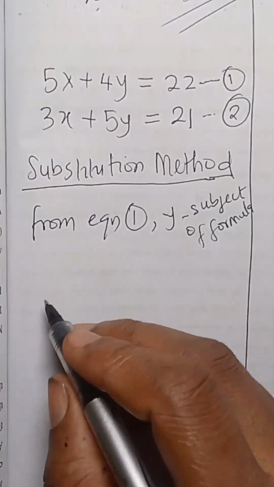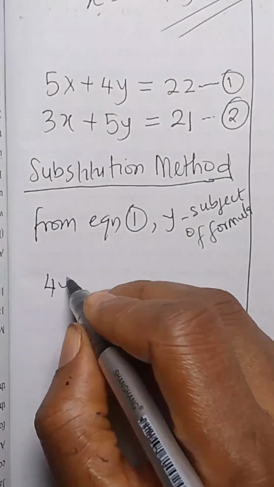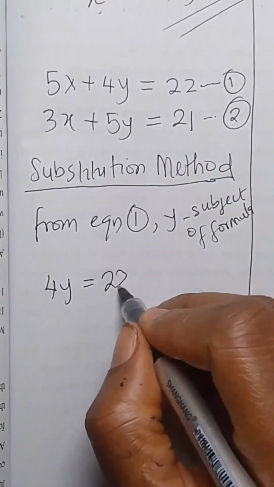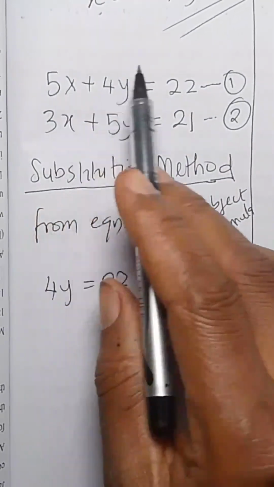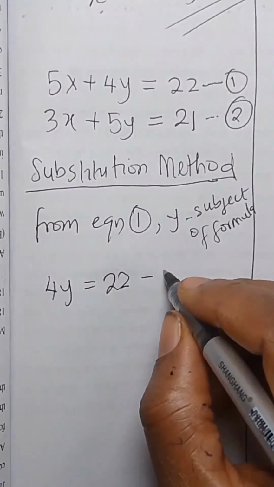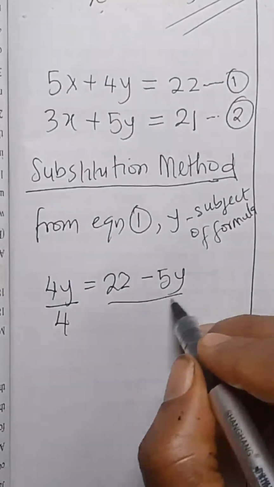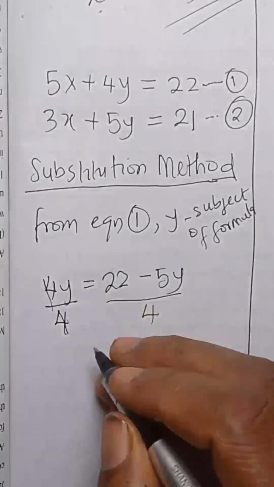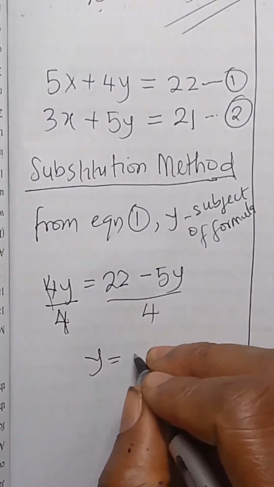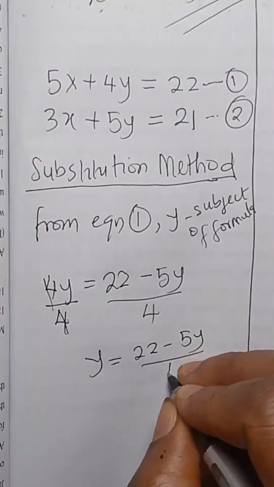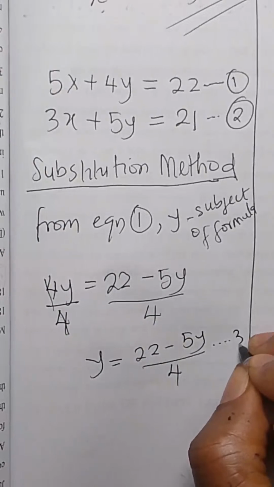Then from there, we have 4y equals 22, and when this positive 5x crosses the equality sign, it becomes negative 5x. We're going to divide both sides by 4. 4 will cancel 4. So our y is equal to 22 minus 5x all over 4. And we call this equation 3.